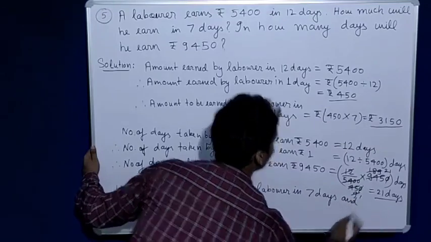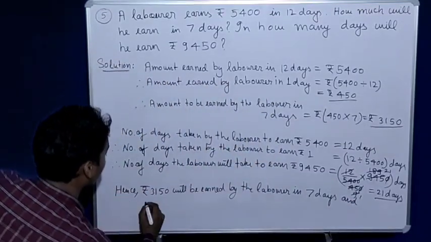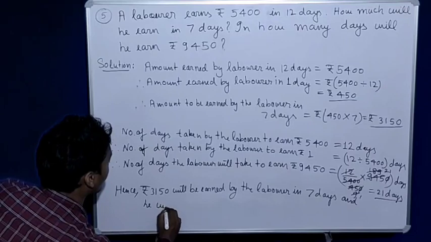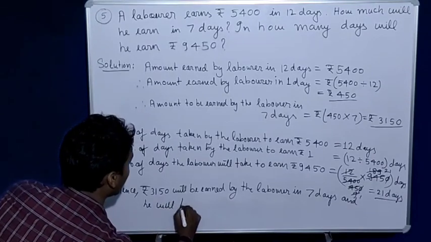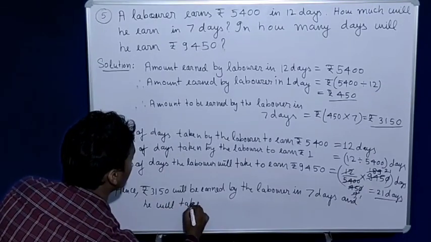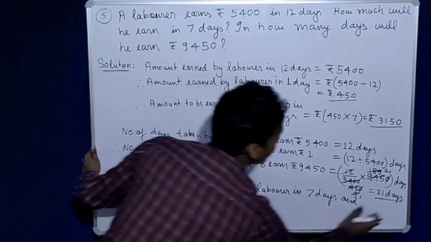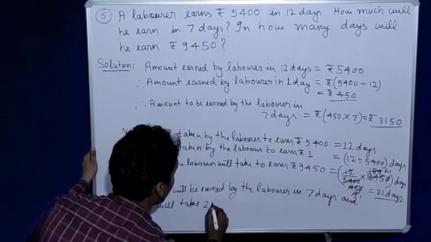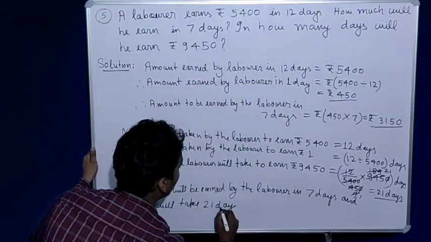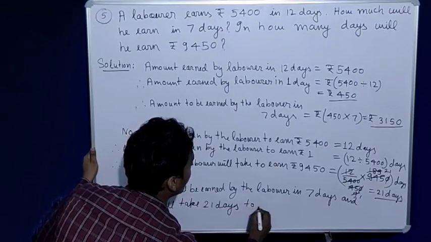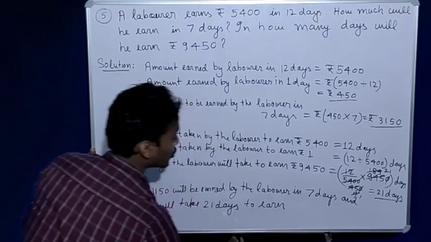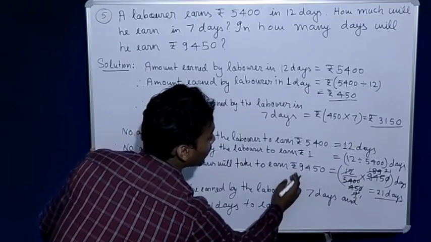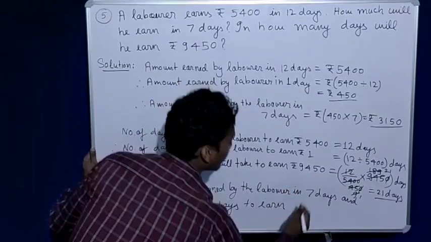And he will take how many days? 21 days to earn rupees 9,450.